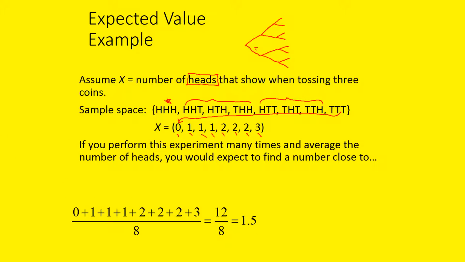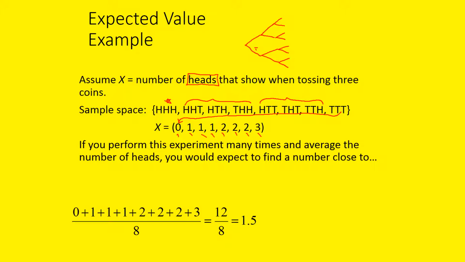So 0 would happen 1/8 of the time, 1 would happen 1/8 of the time, the other one would happen 1/8 of the time, all of them would happen 1/8 of the time.